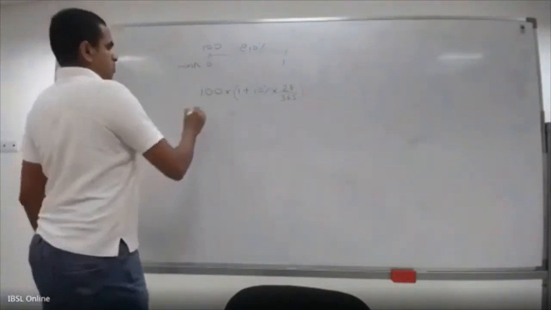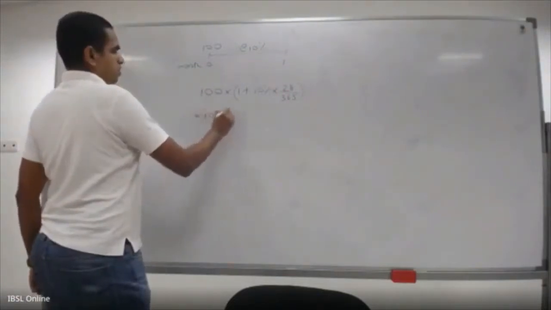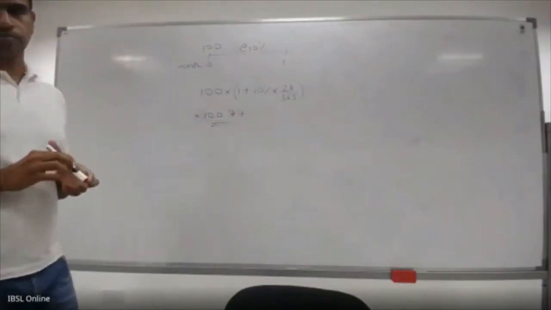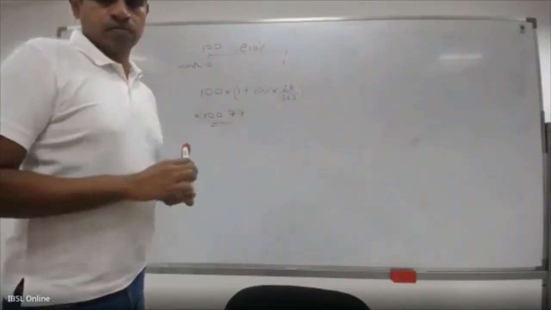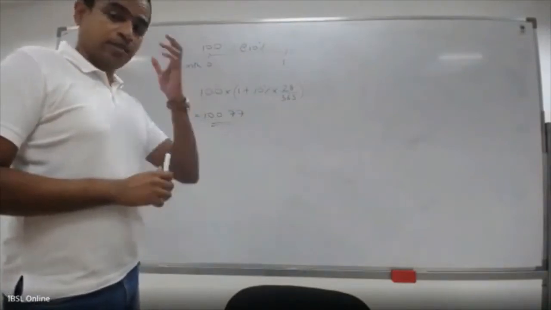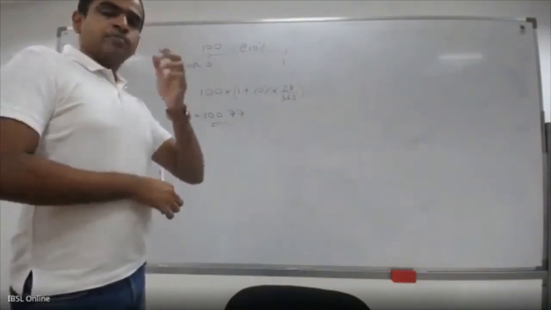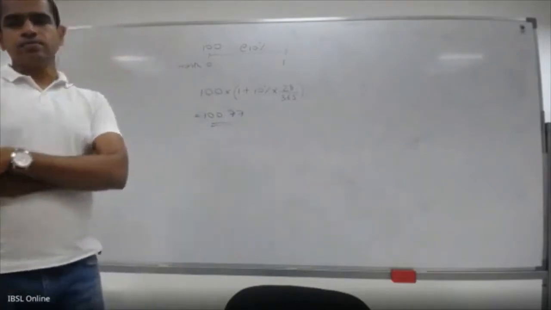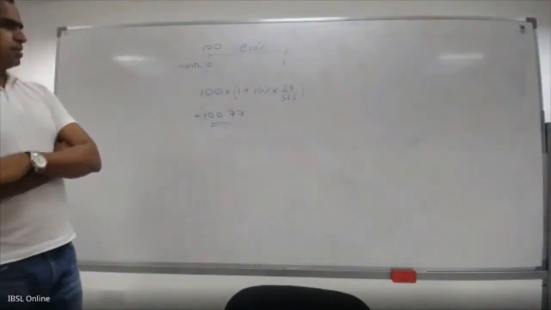I get 100.77. Dinesh gets 100.83, Jaini gets 100.77. So why 3 different answers? That's because I said 1 month. I didn't give you the number of days. And so Dinesh should have taken it as 31 days.